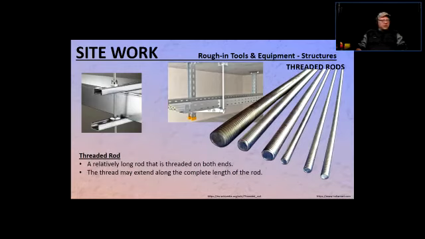I got some definition from somewhere here. What is that? It's a relatively long rod that is threaded on both ends. It has a thread, so you can install a bolt onto it, like a bolt or a screw or machine screw. The thread might extend along the complete length of the rod.